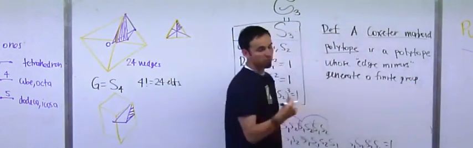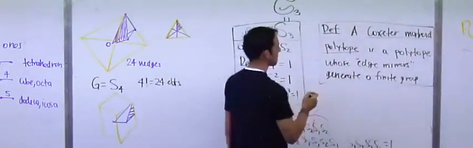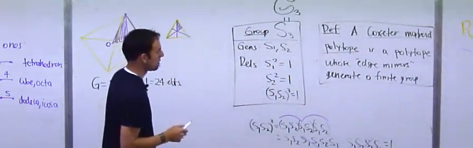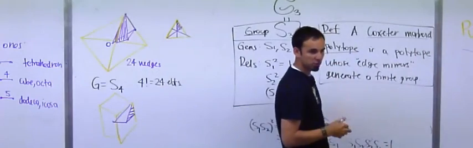And if they generate a finite group, we know that it's going to be one of these groups over here. Any polytope whose edge mirrors generate a finite group deserves the name Coxeter matroid polytope.